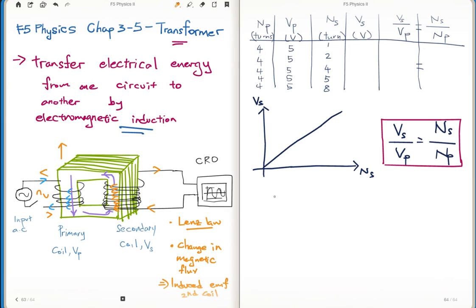And for ideal, normally in all these SPM questions, we talk about an ideal transformer, meaning there's no loss of energy.